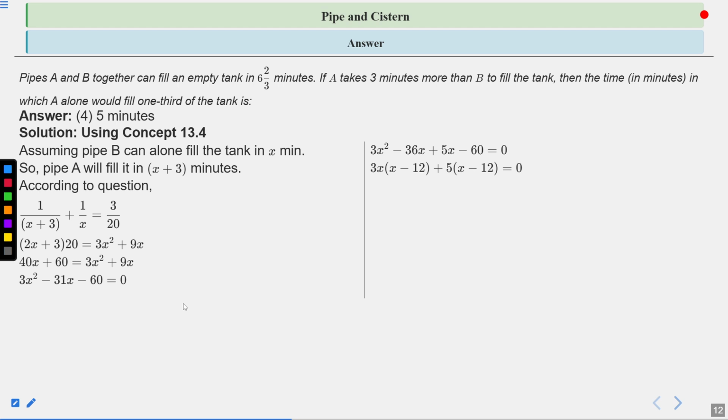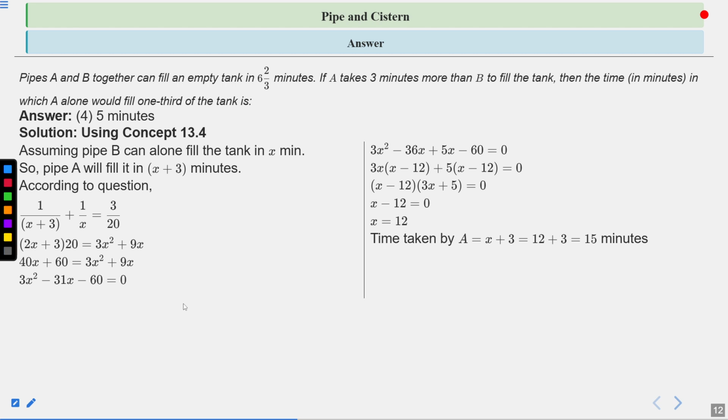When we simplify, taking 3x common, we get x minus 12, and taking 5 common, we get x minus 12 equals 0. So we get (x minus 12) into (3x plus 5) equals 0. So x minus 12 equals 0, and we get x equals 12.